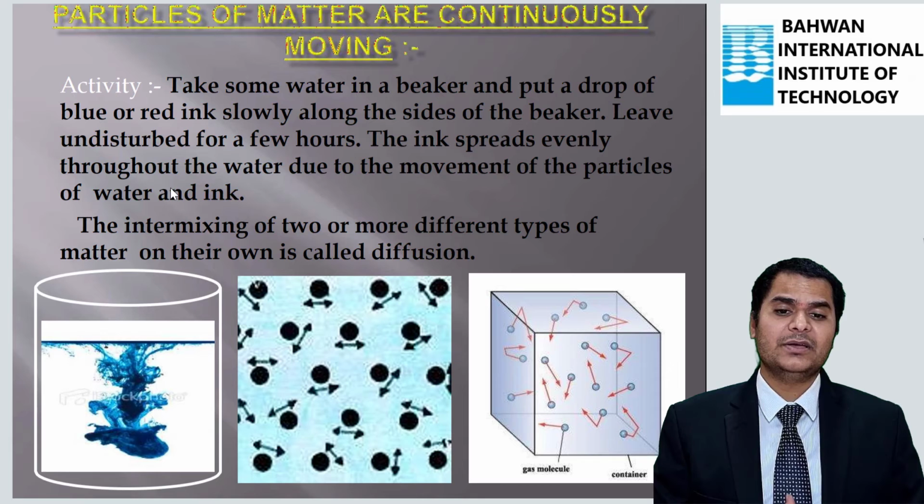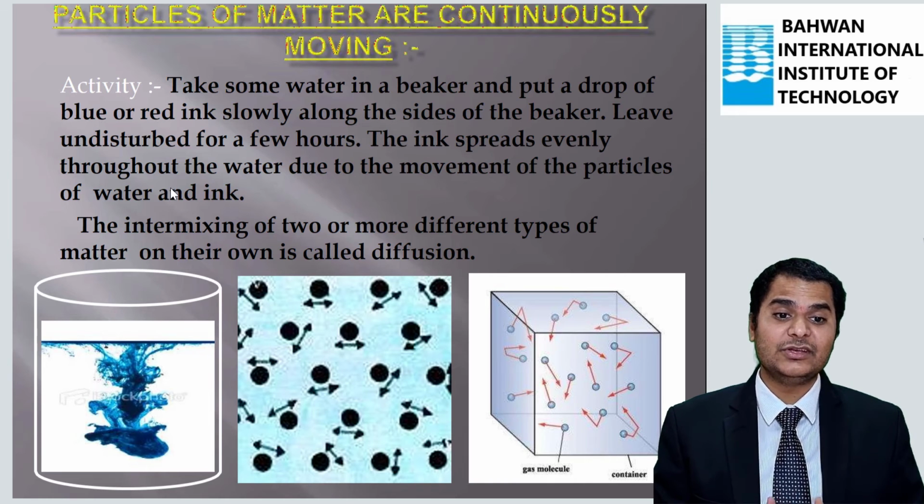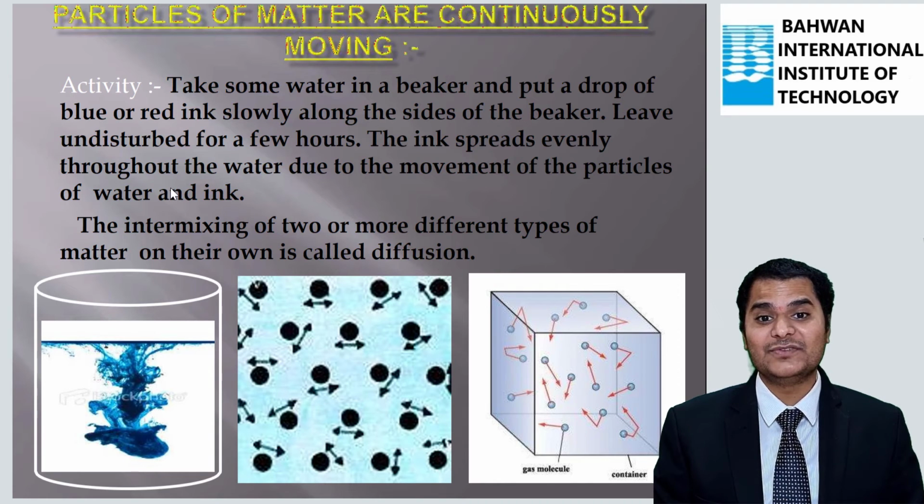So now here what is happening is the intermixing of ink particles and water particles, due to which the solution is becoming colorful. So evenly it is getting distributed. That is the intermixing of 2 or more different types of matter. When it happens on its own, this is what we call diffusion.